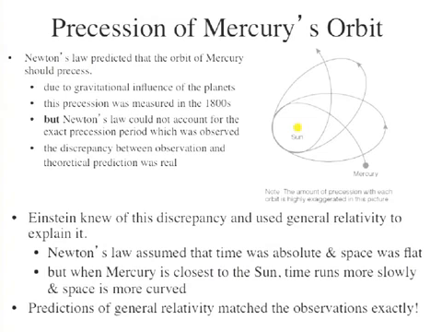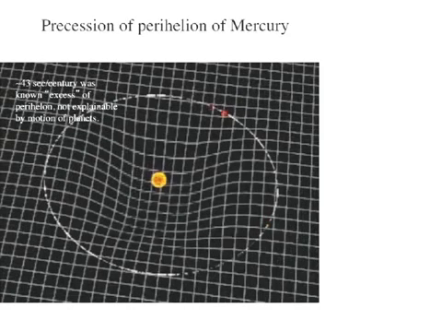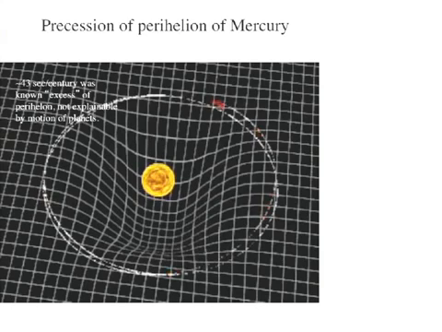Okay. Now, there's the sun, and here is Mercury going around and around and around. Now, Mercury did not obey a closed orbit.